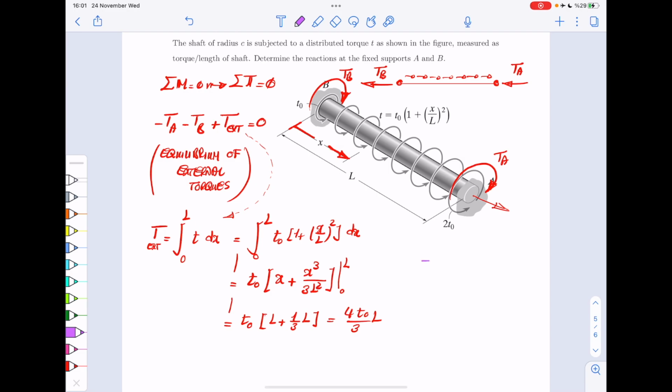We know minus TA minus TB plus 4 over 3 T0 L is 0. That is the first equation, and as I said, this is equilibrium. Now, we have two unknowns, TA and TB. In order to calculate them, we need a second equation, which is our compatibility equation, okay?